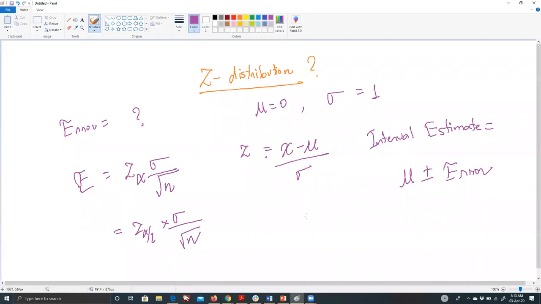So what is confidence interval? Come on, confidence interval.